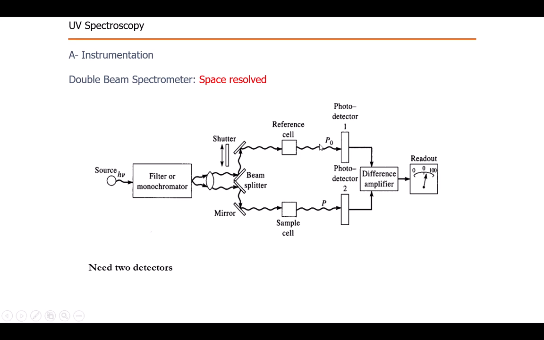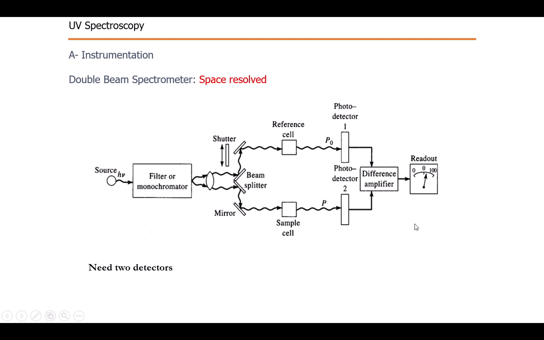The radiation emitted through the reference cell is taken to be P naught, the incident power, while the radiation emitted through the sample cell is taken to be P, and the difference of P naught and P is read at the readout after amplification.